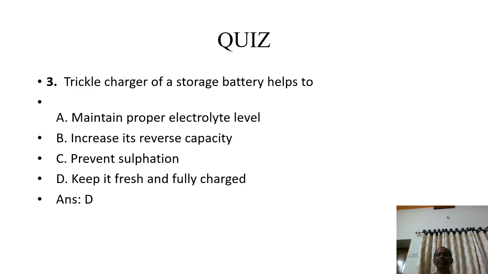Once again I can repeat the question. Trickle charger of a storage battery helps to: A. Maintain proper electrolyte level, B. Increase its reverse capacity, C. Prevent sulfation, D. Keep it fresh and fully charged.